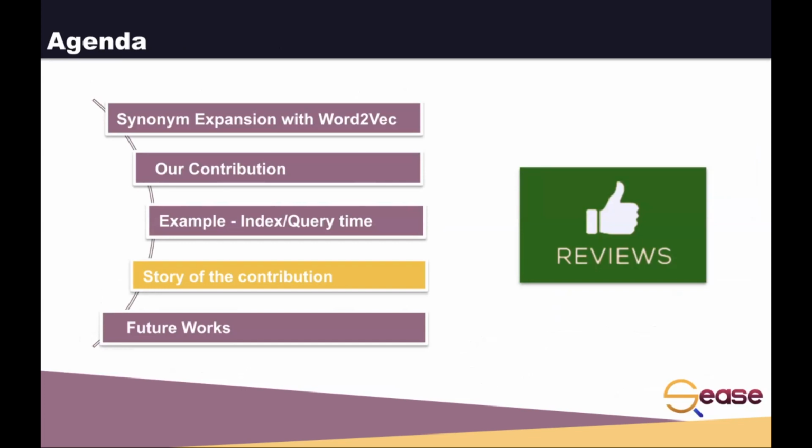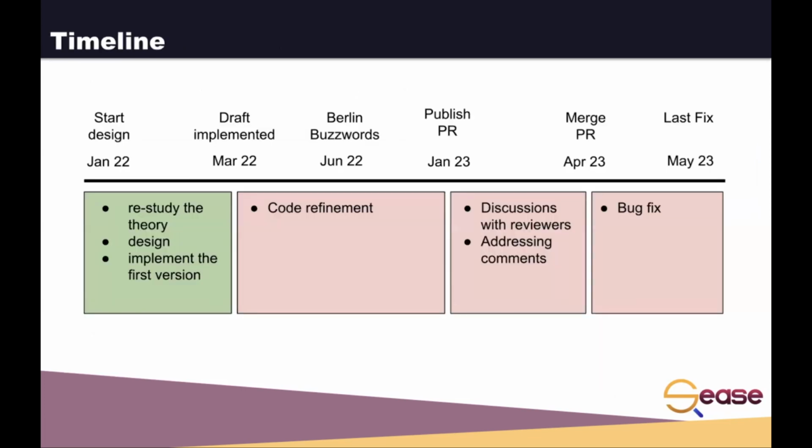Let's see what happened. We started thinking and designing our contribution last year in January. After 2 months, we had the first draft ready. I mean, we had a working version.